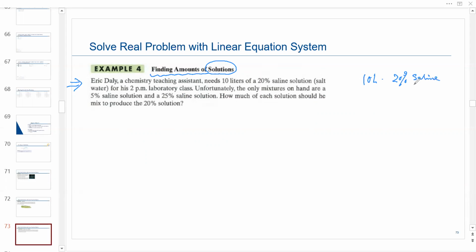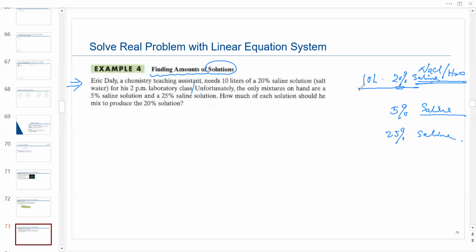Saline solution is like salt water. So it's salt plus water. 20% is the concentration needed for the class. Unfortunately, the only mixtures on hand are a 5% saline solution and another one that is a 25% saline solution.